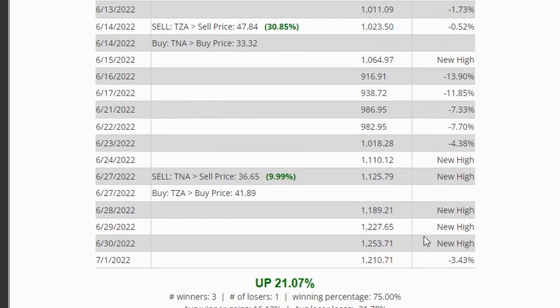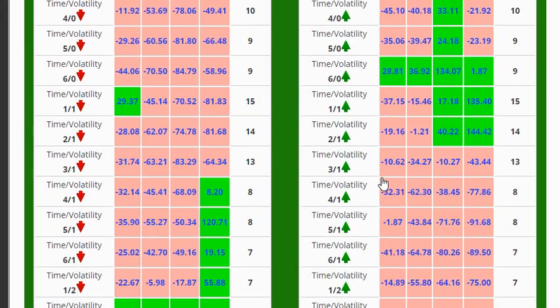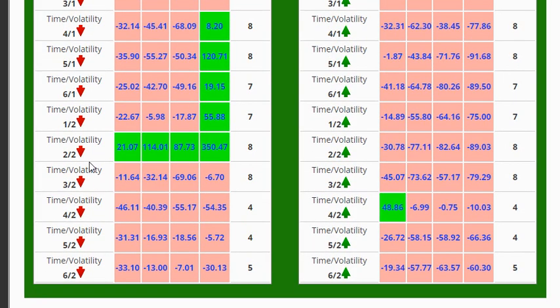Then it's gone on to a whole bunch more new highs, and now it's had a little bit of a pullback. Yeah, this one looks really good too. But like I say, the 6-0 and 2-2, they're iffy. Again, if you don't find anything else, maybe you could do a hedge and do both, with TNA and TZA, do the 6-0 and do the 2-2 over here.